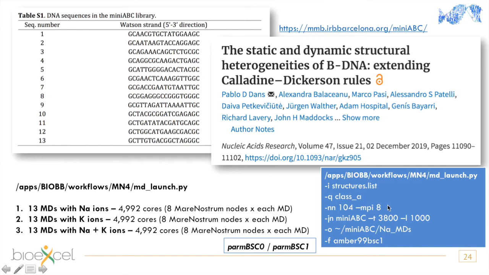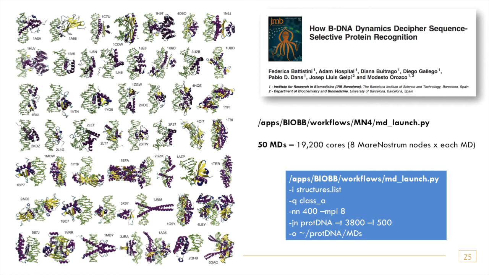For example, this is just an example, using 8 nodes in MPI regime for each of the simulations. And in just hours, we'll have all the molecular dynamics simulations for one of these groups. And of course, with 6 different jobs, we would be able to have all the simulations for the 2 different force fields.